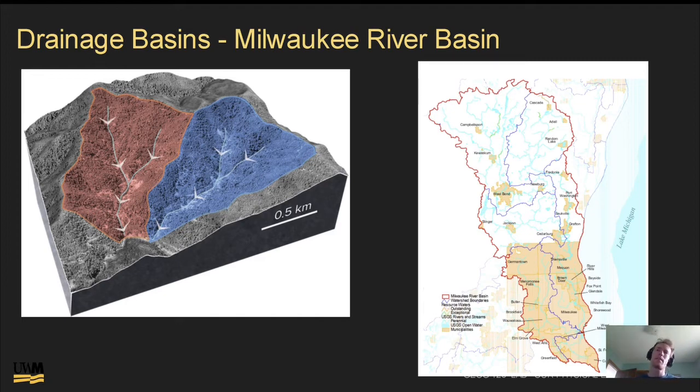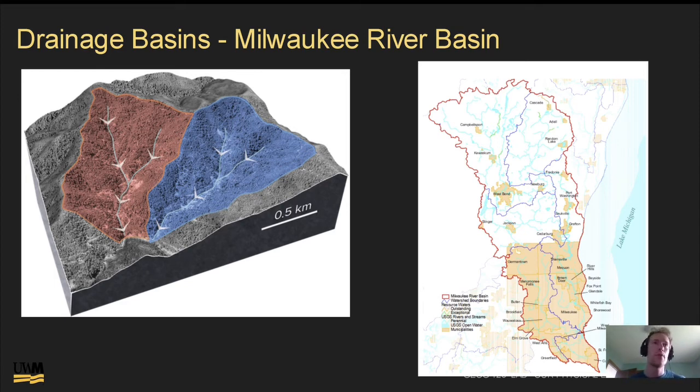Now, this is unique because this water is flowing into Lake Michigan, as opposed to most of Wisconsin, which flows westward into the Mississippi River, which is part of its own basin, which flows all the way down to the Gulf of Mexico.